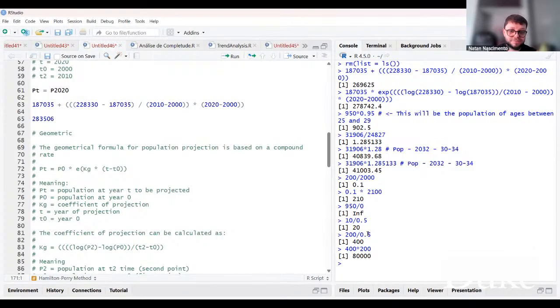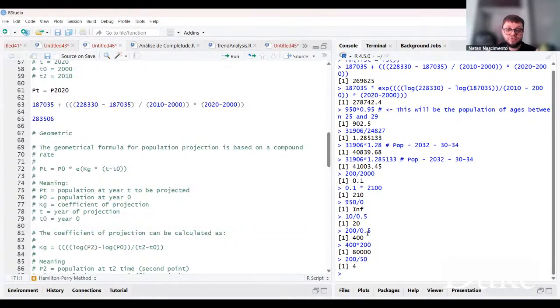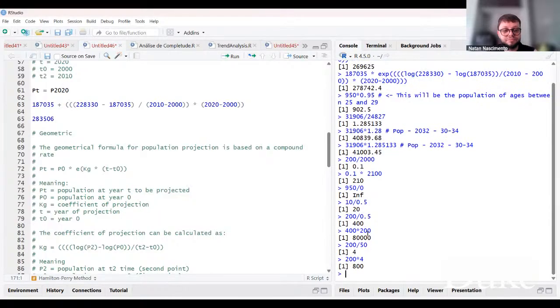It's not accurate. What we can do here is divide by a number that appears to be a good amount, 4. This is simpler. So we divide by a number that creates a possibility for us. So we can create a cohort change ratio.